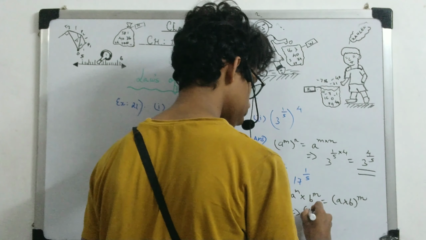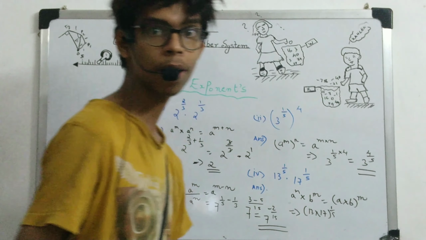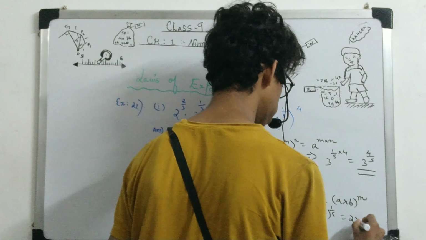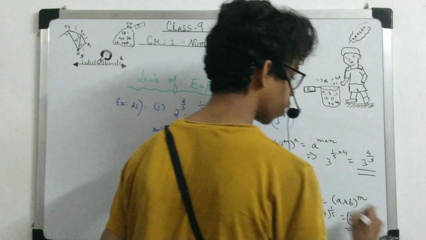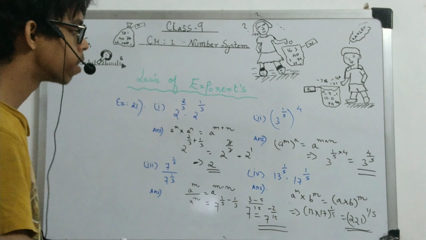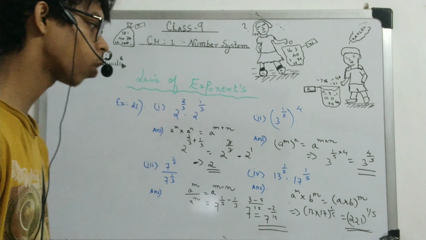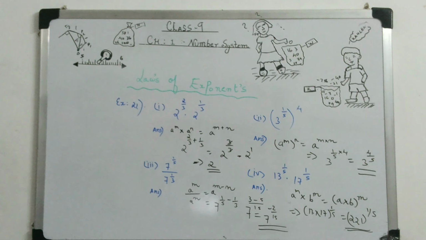So here I can write it as 13 into 17 the whole raised to 1 by 5. We know 13 into 17 is what? 221. Okay, 221 the whole raised to 1 by 5. This is your final answer. Basically, if we know all our identities, we can easily solve our questions. Okay, so now you can note it down.